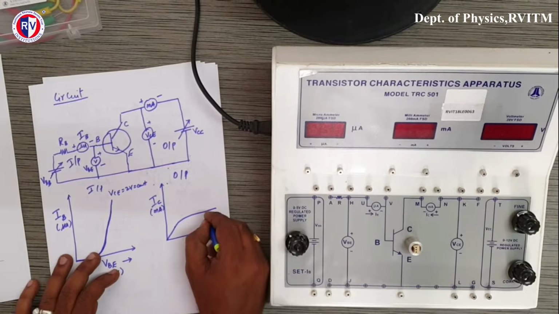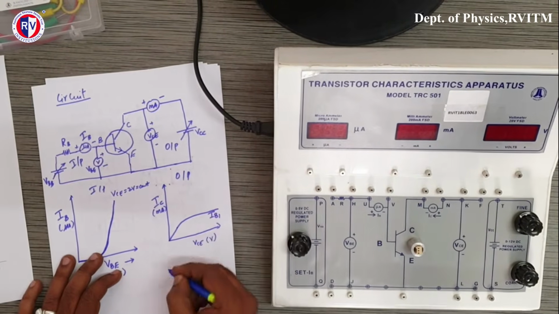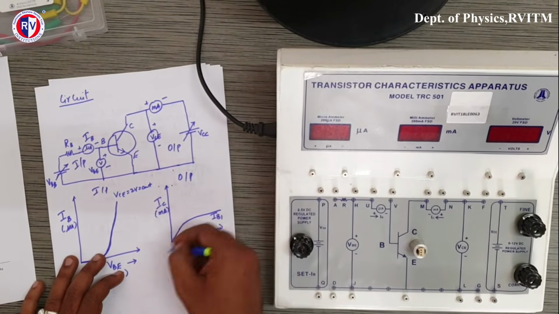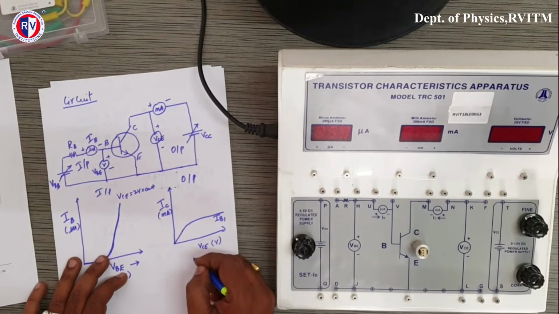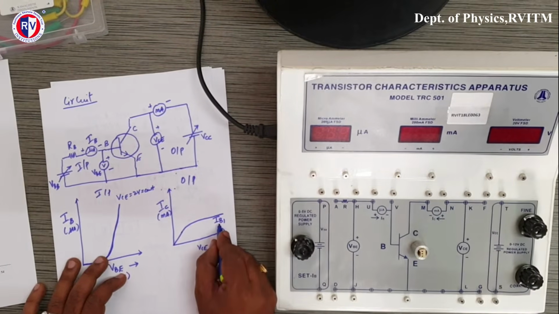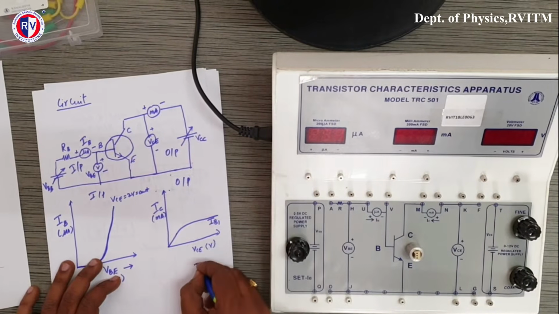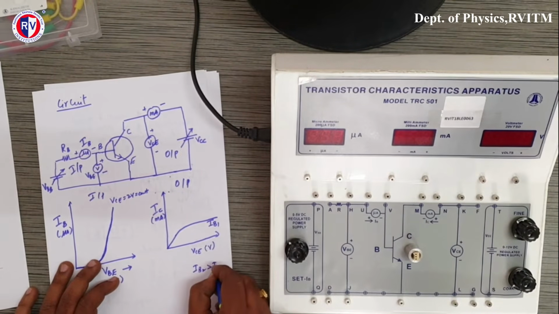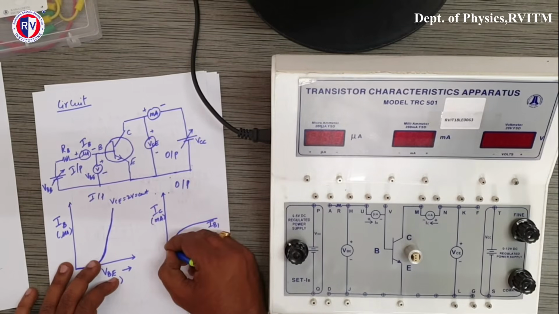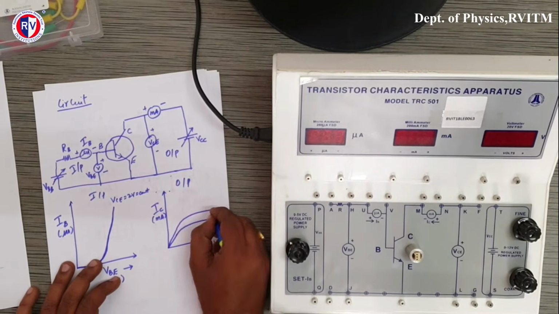This is for IB1. Suppose I repeat the output characteristics for another value IB2, where IB2 is greater than IB1, then the curve should look like this.